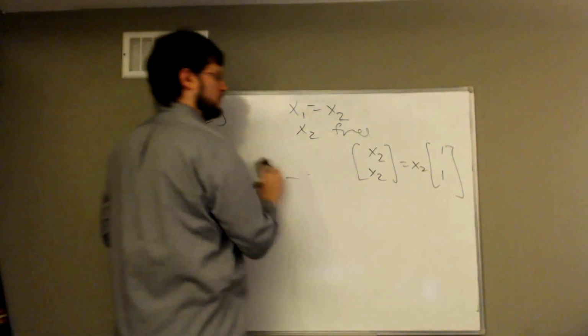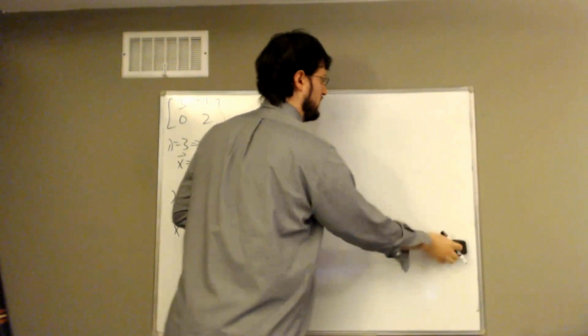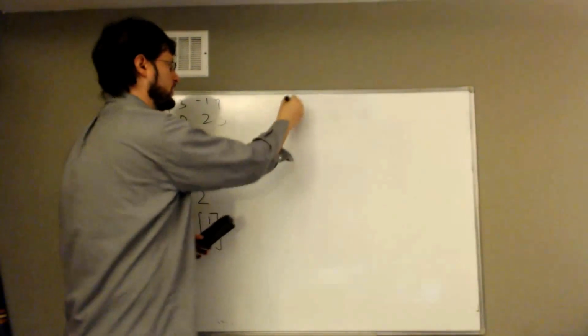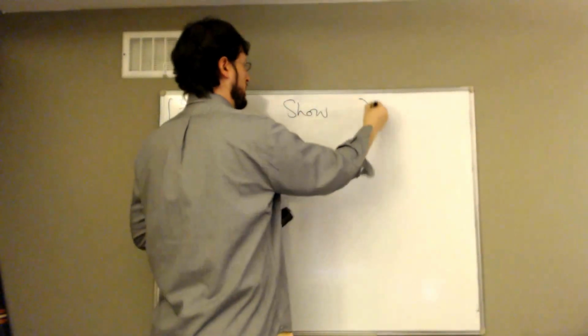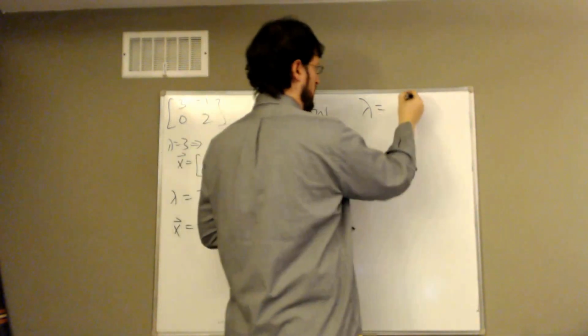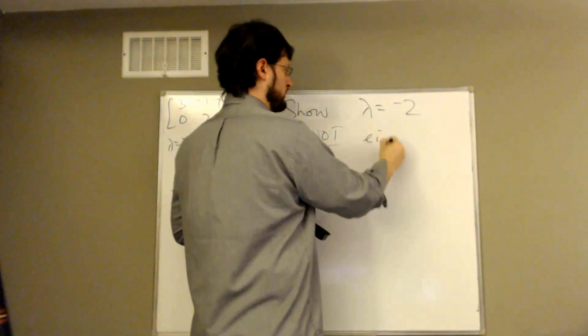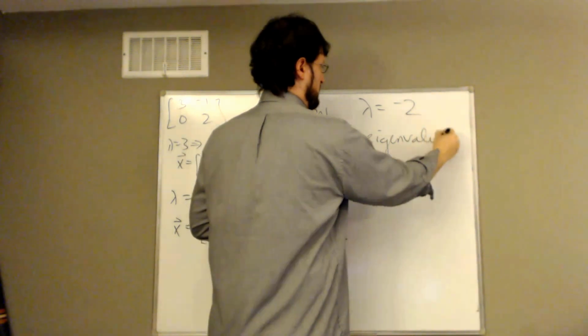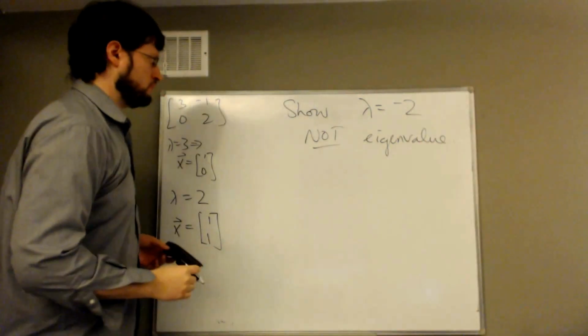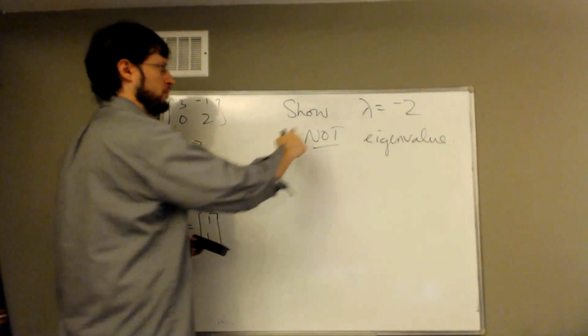Let's do one last thing with this example, just so that you can see what happens. Let's show that lambda equals negative 2 is not an eigenvalue. All right, so what are we looking at here?